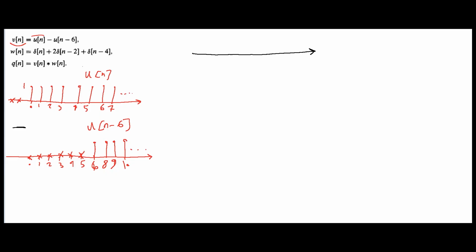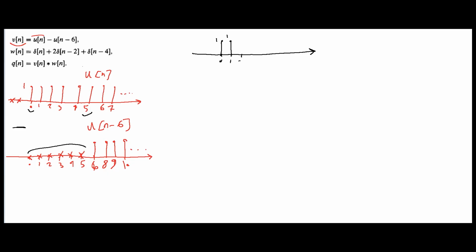Now we subtract these two signals to obtain v[n]. Let's draw v[n]. For values of n less than 0, both signals are 0, so their difference is also 0. From n equals 0 up to n equals 5, u[n] is equal to 1, while u[n-6] is equal to 0.